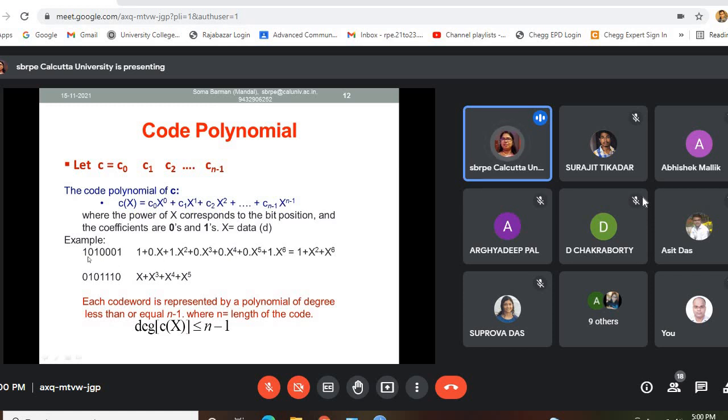Now if I take an example, 1 0 1 0 0 0 1, all of you know how to represent it: 1 multiplied with x^0, plus 0 multiplied with x^1, plus 1 multiplied with x^2, plus 0 with x^3, plus 0 with x^4, plus 0 with x^5, plus 1 multiplied with x^6. This is shown here.